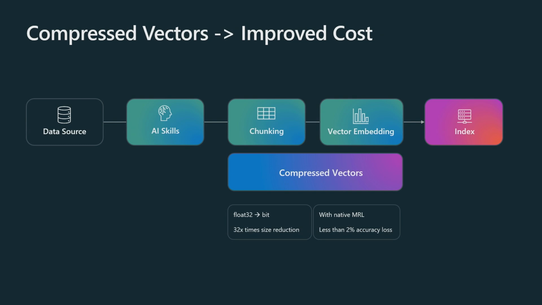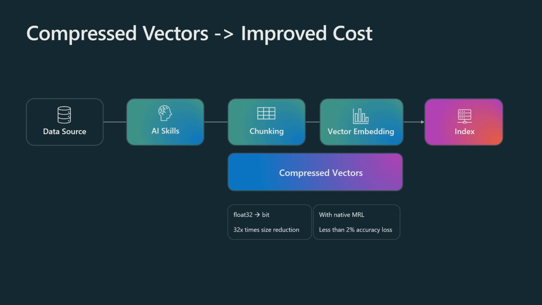So when you create your vector embeddings, it will be a long float 32, which will occupy lots of space. So what we do with compressed vectors is we give you the ability, using binary quantization or matryoshka layers, to shorten the size of the vector embeddings without compromising the accuracy.